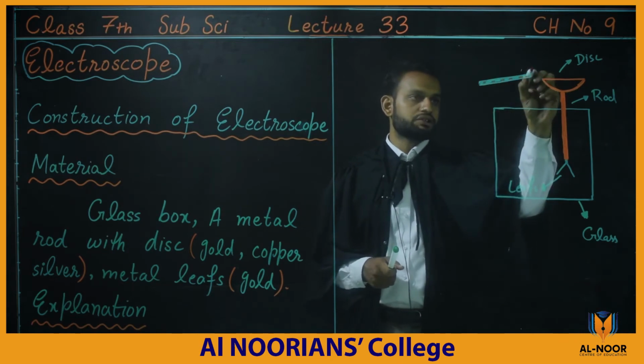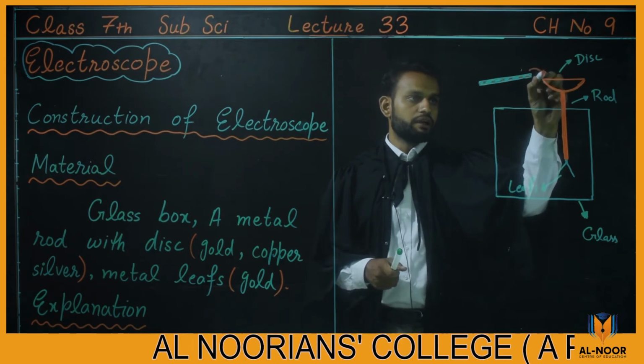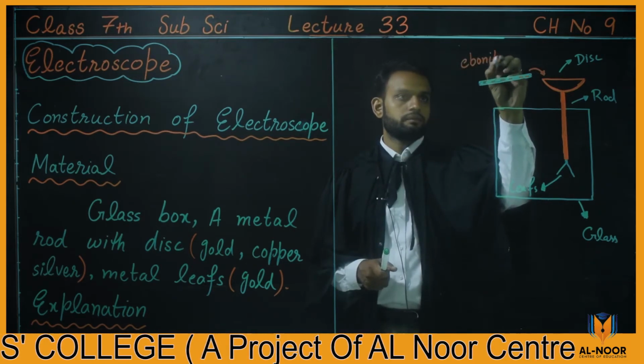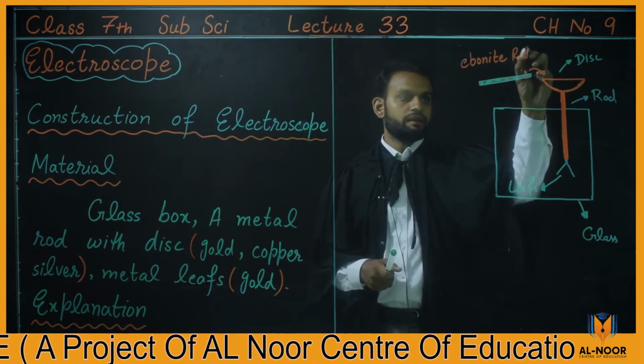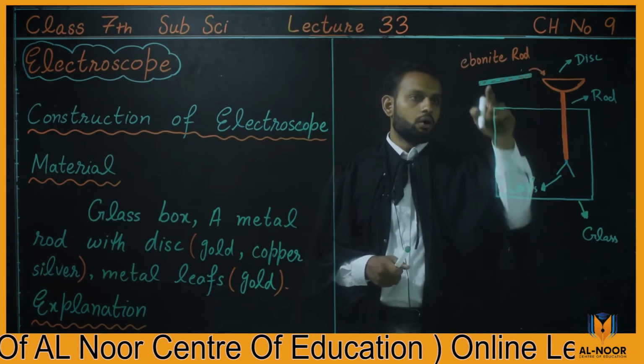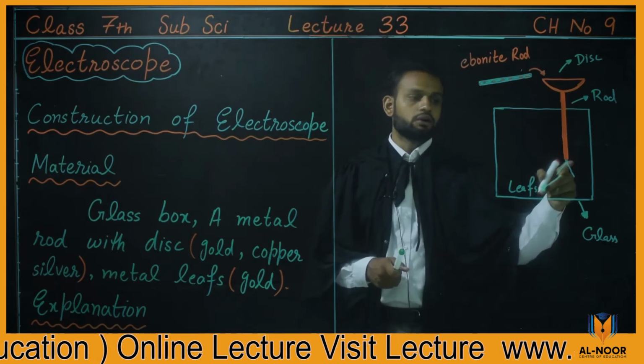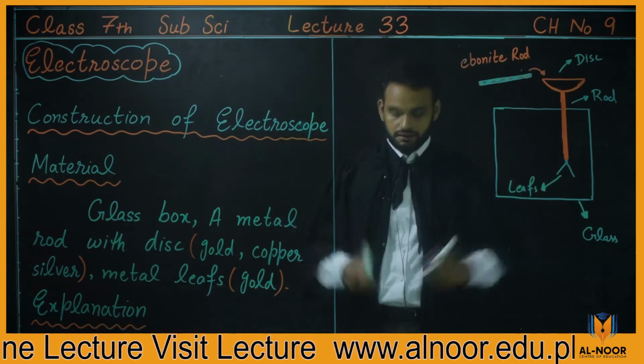And when we touch this ebonite rod with this disc, the whole charge is distributed in the strip and the gold leaves are separated.